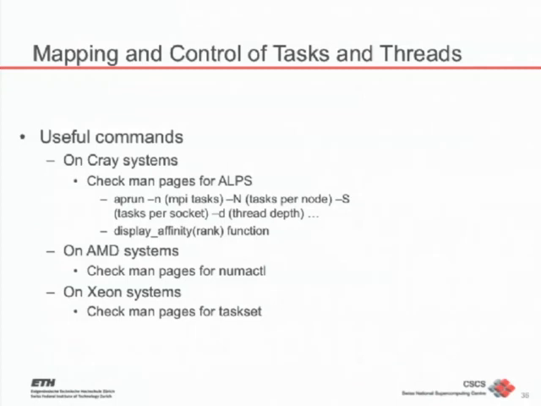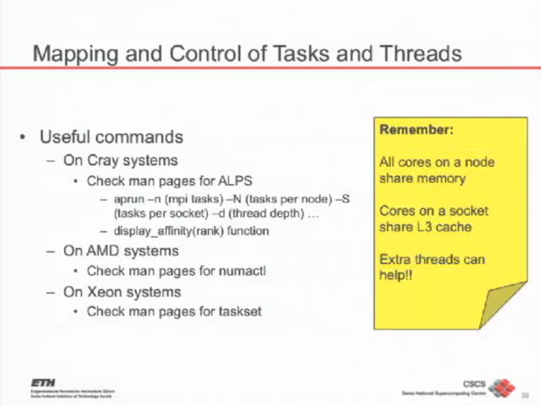On AMD systems or on Xeon systems, you can use on both of those the numactl control. So all cores on a node share memory, but all cores on a node do not necessarily share equal access to the memory. The cores on a socket share the L3 cache. Again, that's not quite true. It's cores on a die share the L3 cache. And extra threads can help.